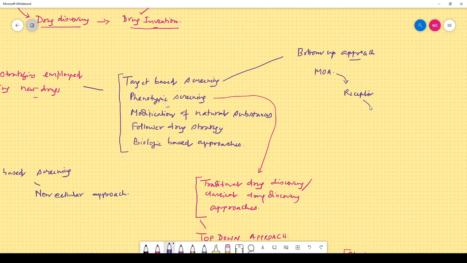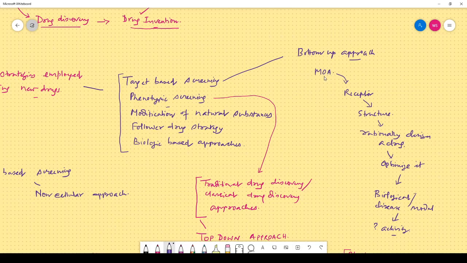You look at the receptor structure, and based on the structure, you rationally design a drug, you optimize it, then use it in a biological model or a disease model, and see whether it has got activity.